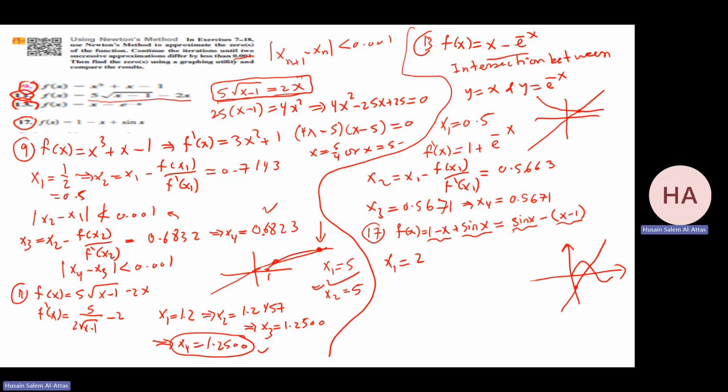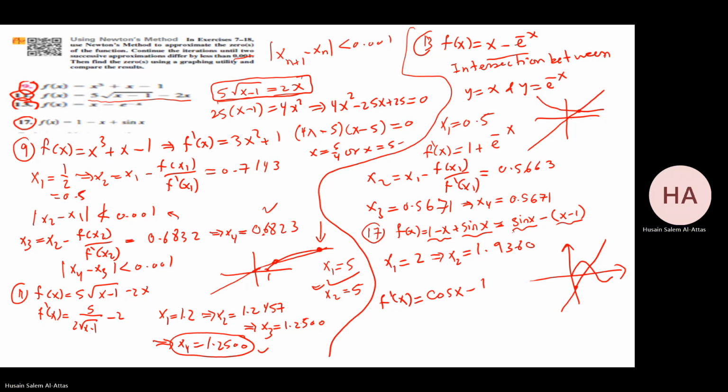You put 2, do the calculations, you get x2 is 1.9360. We need to find f prime. You understand what I mean by f prime? It will be minus 1, or we can put it the other way, cosine x minus 1.